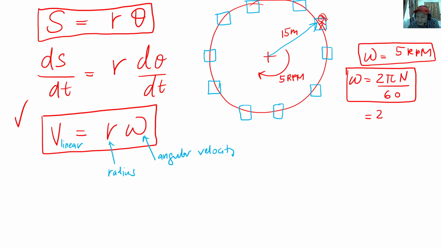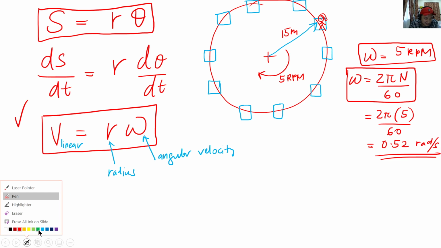So you're going to get 2 pi times 5 bahagi 60. Berapa radian per second? 10 pi bahagi 60. 0.52. Boleh lah. 0.52 radian per second.